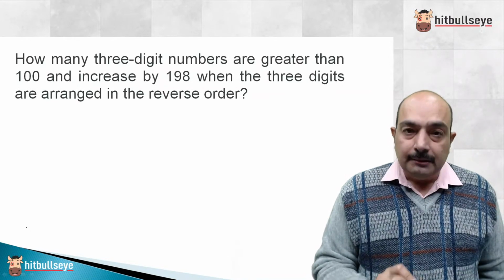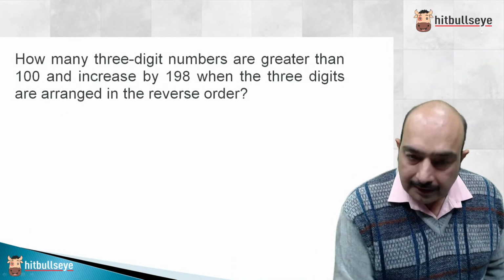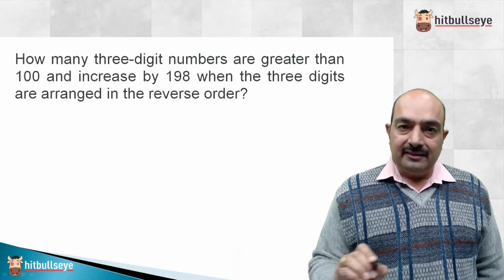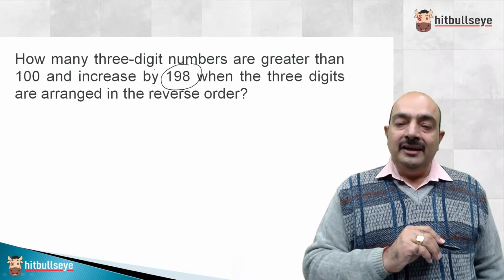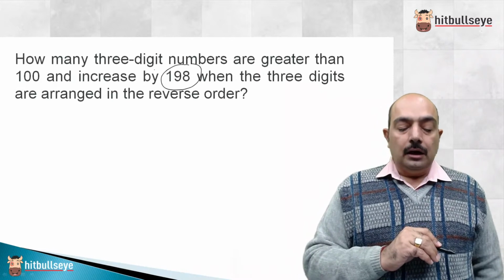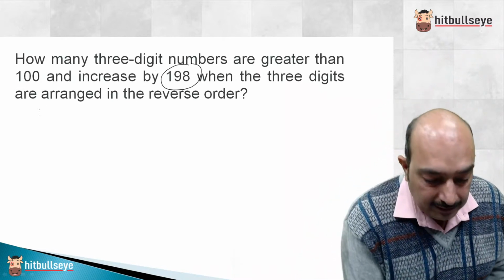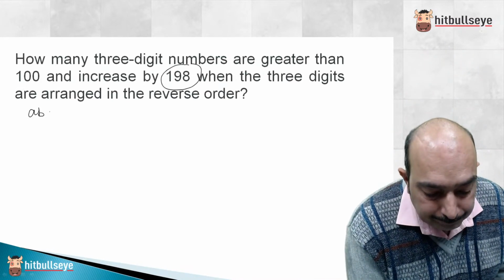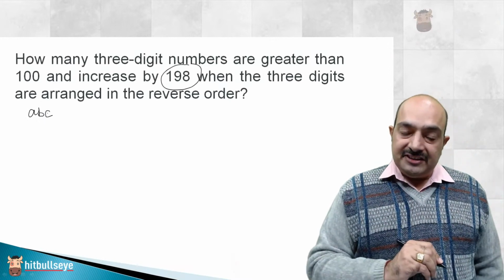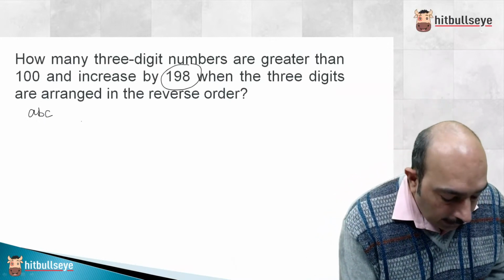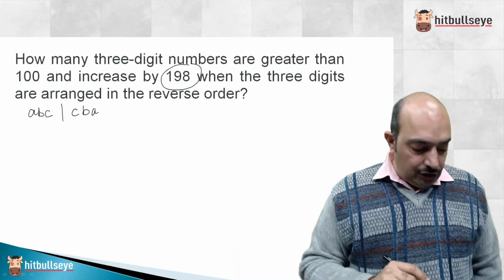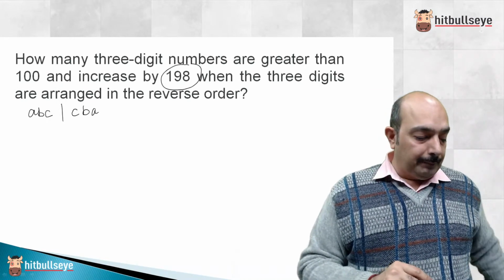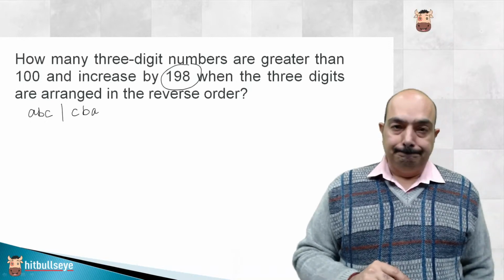How many 3-digit numbers are there greater than 100, obviously 3-digit numbers, that increase by 198 when the digits are reversed? What do I mean? Supposing I take the initial number as ABC, and after interchange of the digits, it becomes CBA.